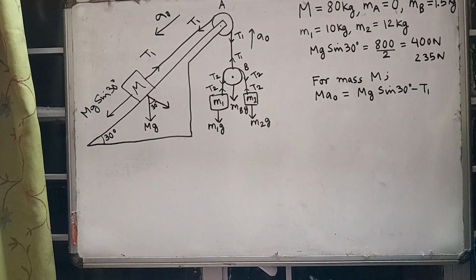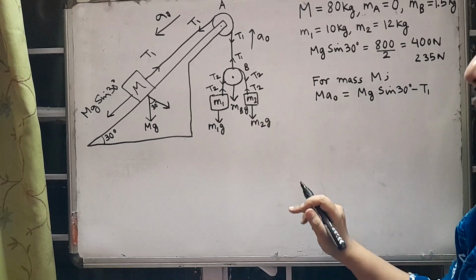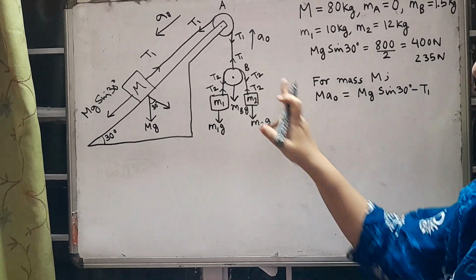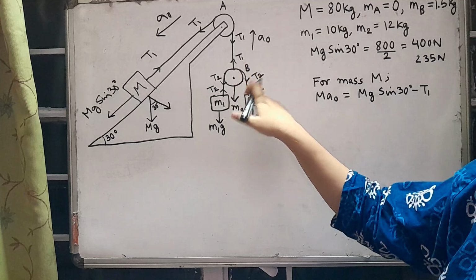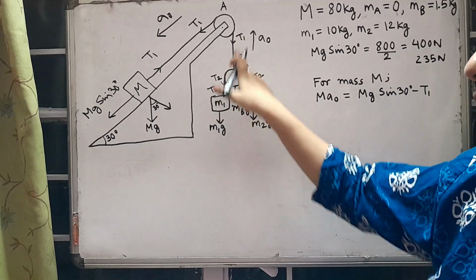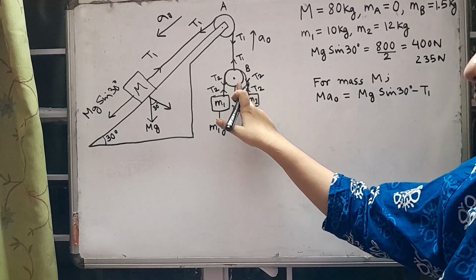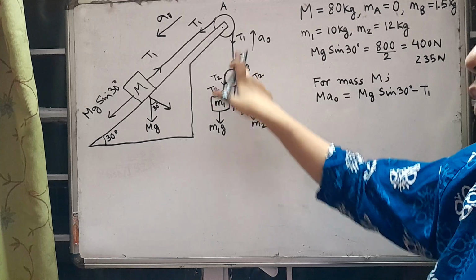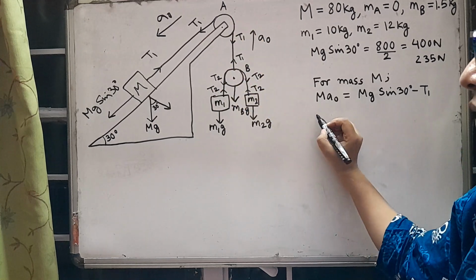Now let us come to body B. This body will be moving since it's attached to this string. The pulley B will be moving upward with acceleration A0.